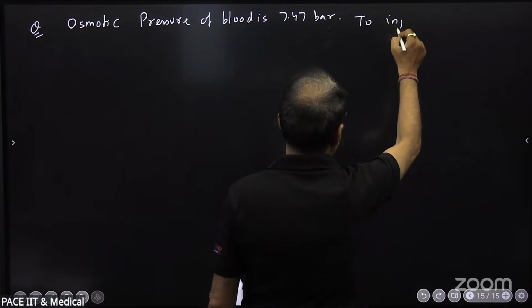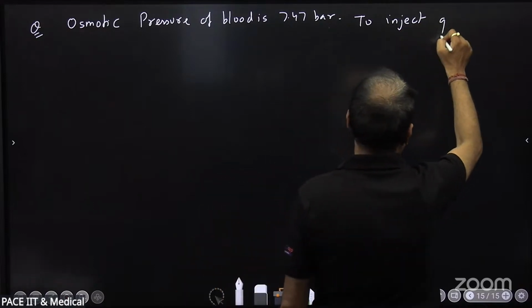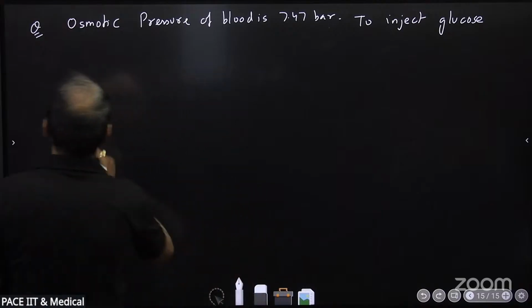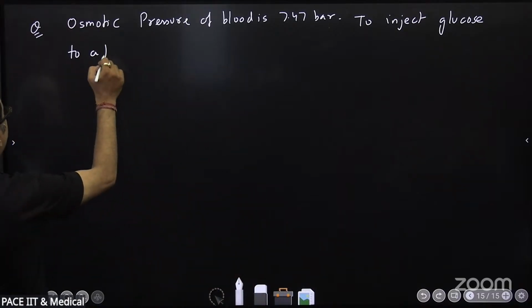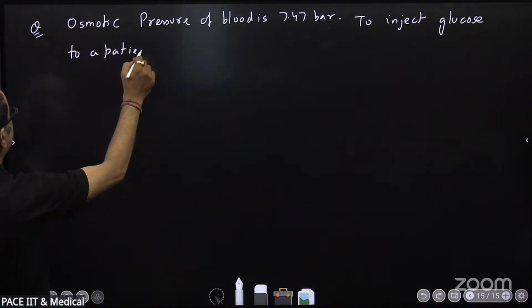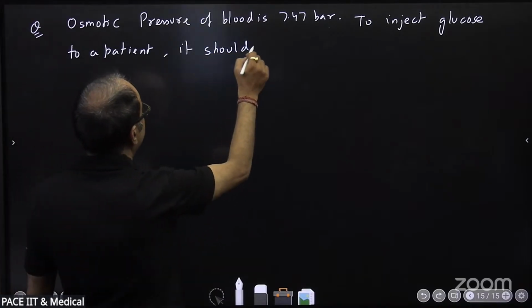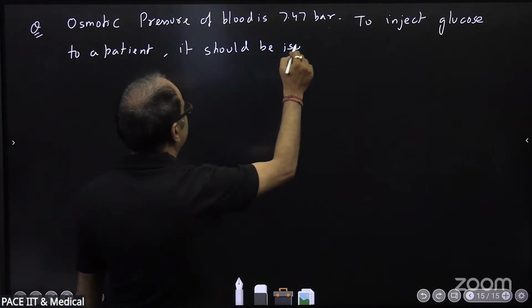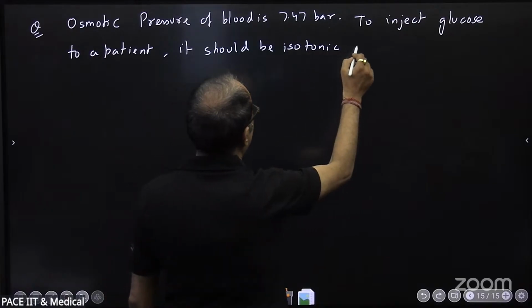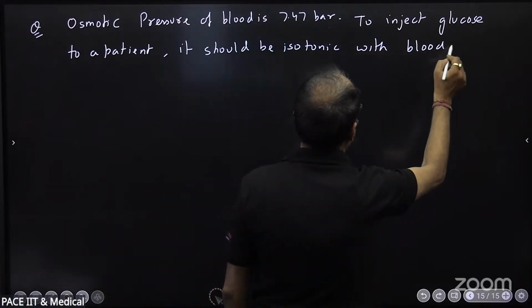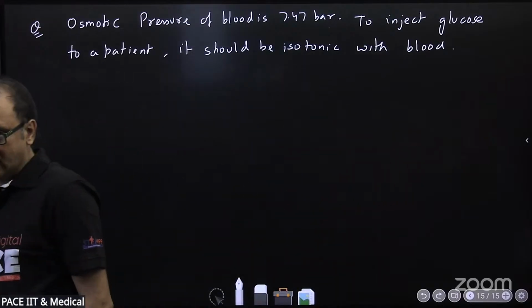To inject glucose to a patient, it should be isotonic with blood. Okay.